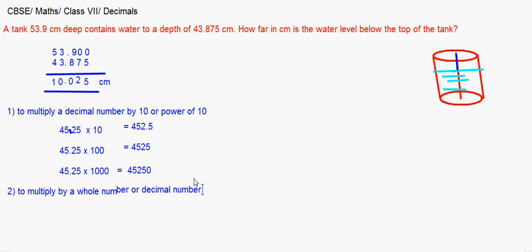We now take a few examples. First, I'm multiplying it by a whole number. So, let me write 3.45 when multiplied by, suppose, 2. I'll do the same thing here.